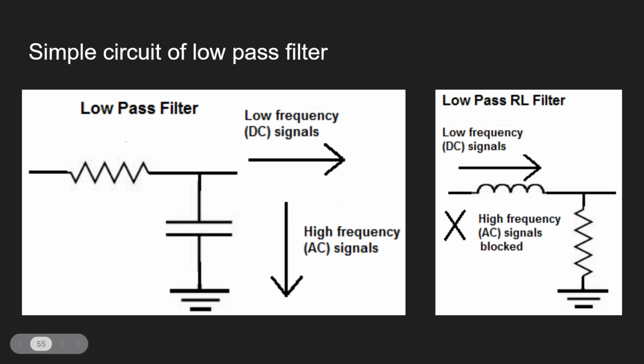This is a very common low pass filter because this capacitor will have a very low impedance at high frequency. Capacitor, high frequency, low impedance. Okay? Still remember that formula?